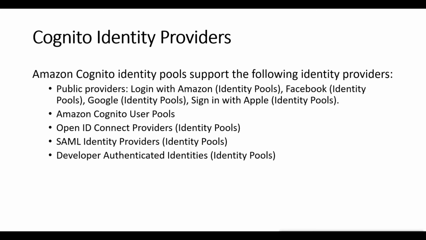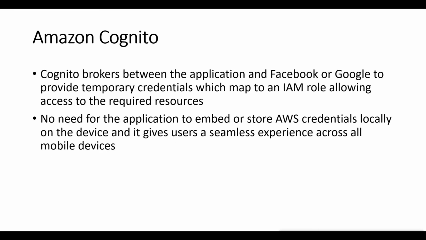So Cognito identity providers. Amazon Cognito identity pools support the following identity providers. It might be public providers like Amazon, Facebook, Apple. It might be Cognito user pools. It might be OpenID Connect providers, SAML identity providers, developer authenticated identities.